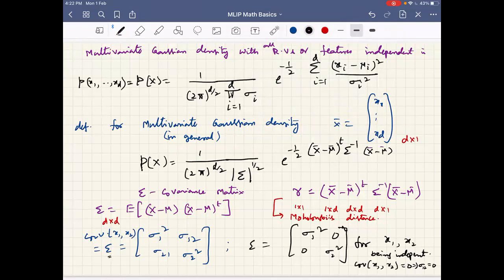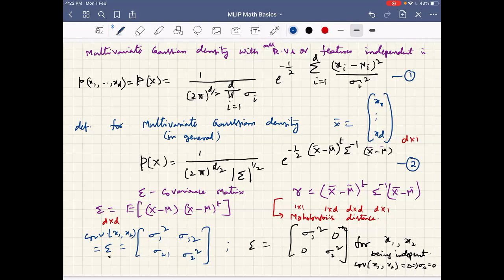Okay, so let's see now. This is the expression 1 here. Okay, you have two expressions here. This is expression 1, and this is expression 2. Now the question is, is there any relation between whatever we have got in the independent case and whatever we have got in the general case? There should be.